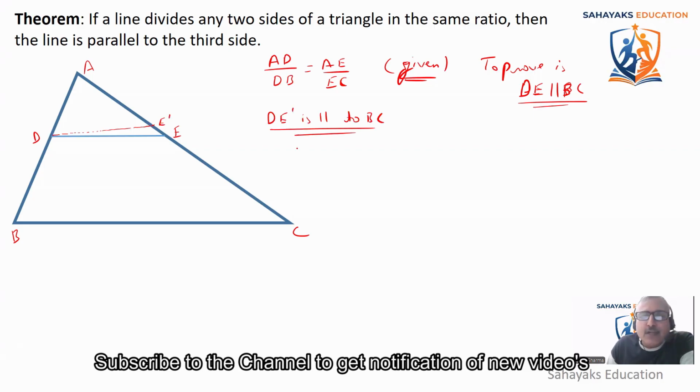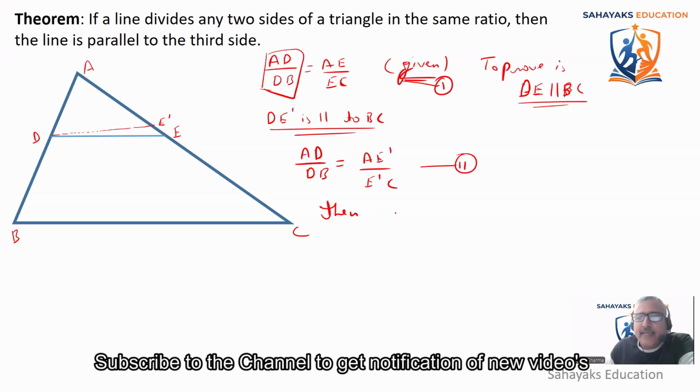When we construct this line, we know from the previous theorem that AD divided by DB is equal to AE dash divided by E dash C. But it's already given that AD by DB is equal to AE by EC. So if I say this is first and this is second, then we can say that AE by EC is equal to AE dash divided by E dash C. What does it mean?